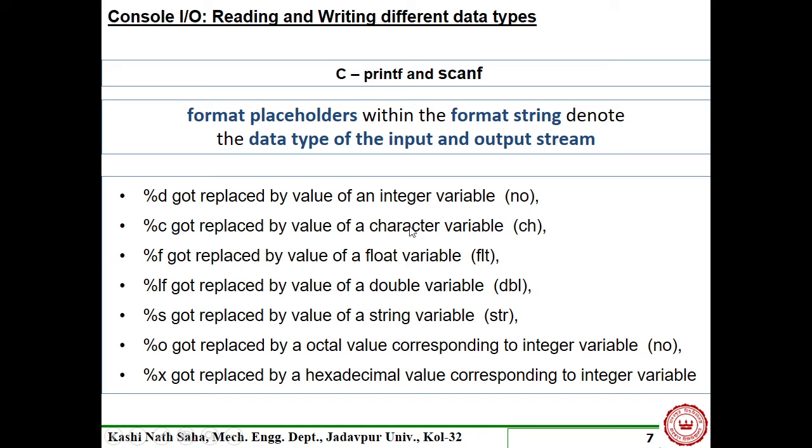Percent c is character, that means this is a single character, a, b, c, etc. And percent s is for string, that means this is some array of characters. A is a character, but string is apple, right? Word, and this is letter. Clear? What is o? It means octal code. This x is something in hexadecimal.